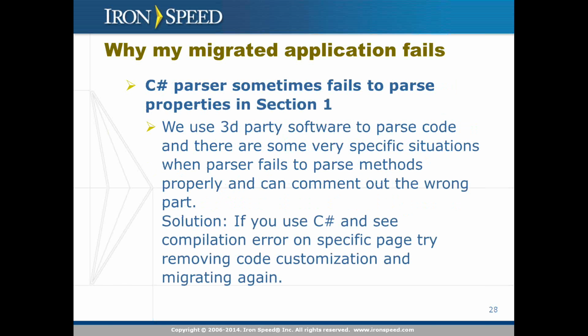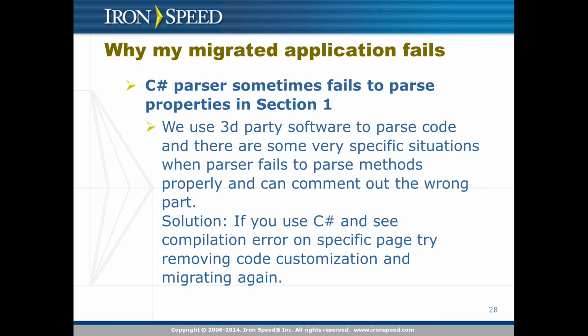There is one small, as of now, known issue. The parser which we use, third-party software actually, which we use to parse the code in section 1 for the code control files and the code behind files, has one small issue.